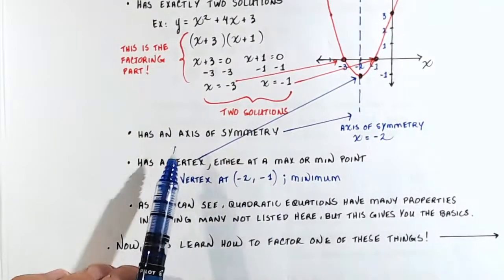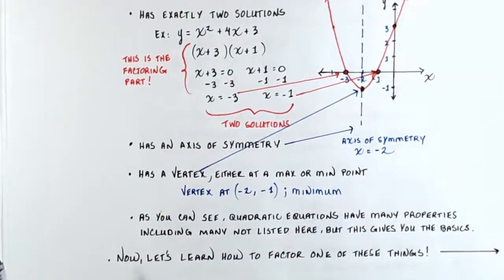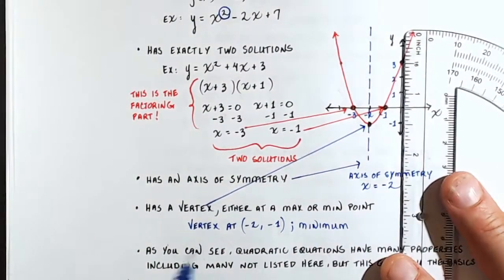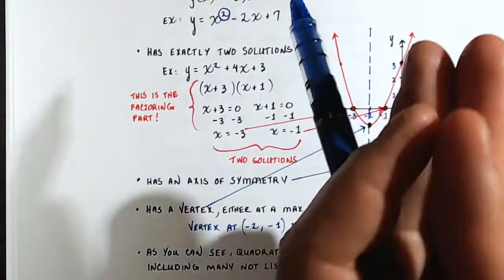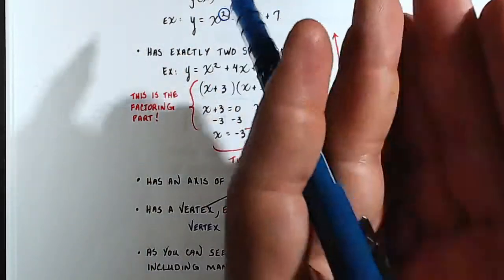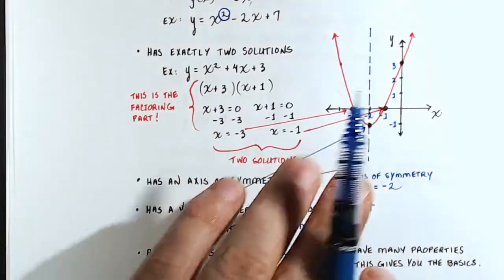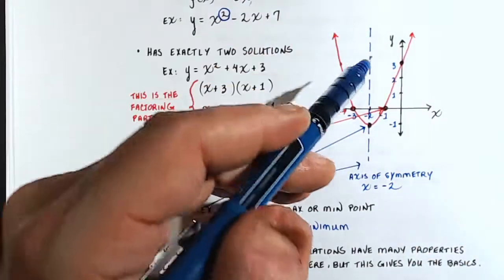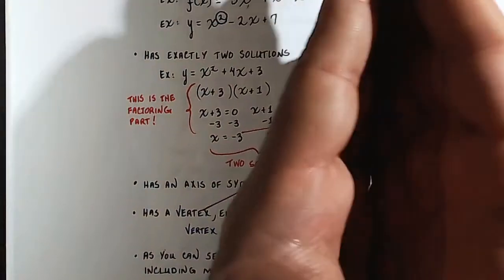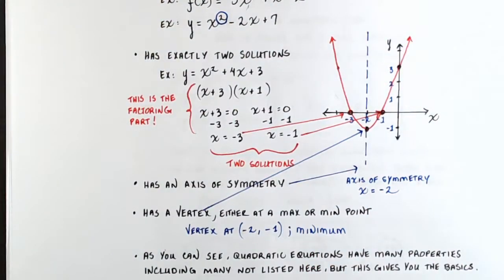Quadratic equations also have an axis of symmetry. Here I have drawn a dotted blue line that cuts that shape perfectly in half. Okay, so it's an axis of symmetry where either side of the shape is identical to the other side, just reflected. Okay, like a butterfly. Okay, next thing to notice is that every quadratic equation, when graphed, will have a vertex.